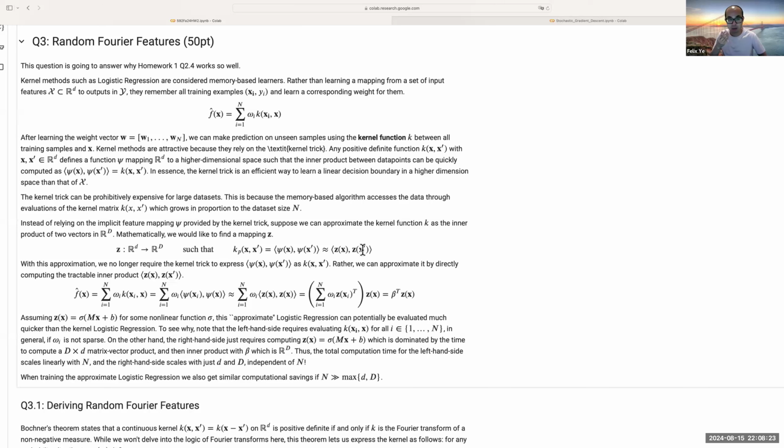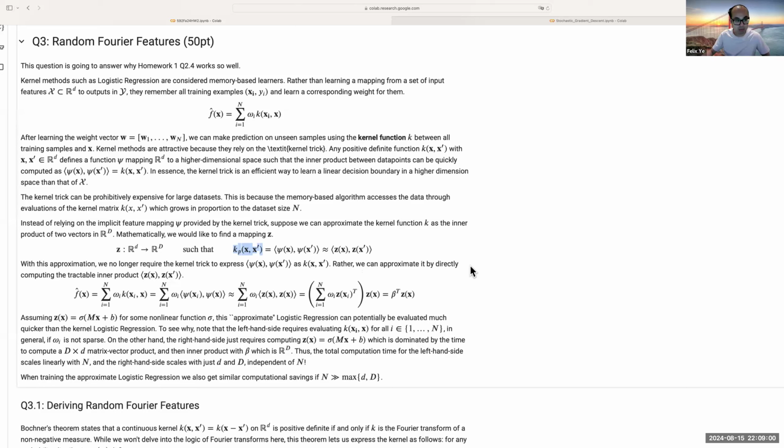Because we know that calculating this part for all the data will be really expensive. But if we can take this mapping to lower the cost, especially the memory part, that will be really important. With that approximation, we don't actually require the kernel trick to calculate phi(x) and phi(x') for the kernel values.